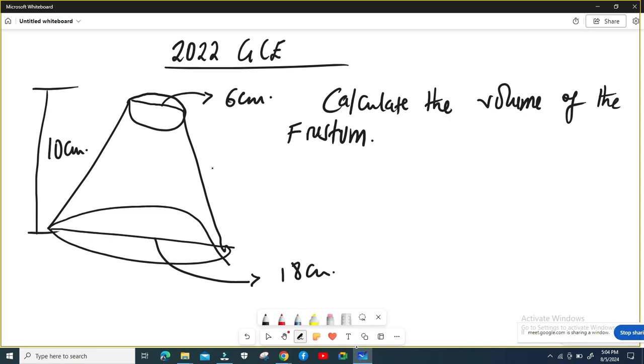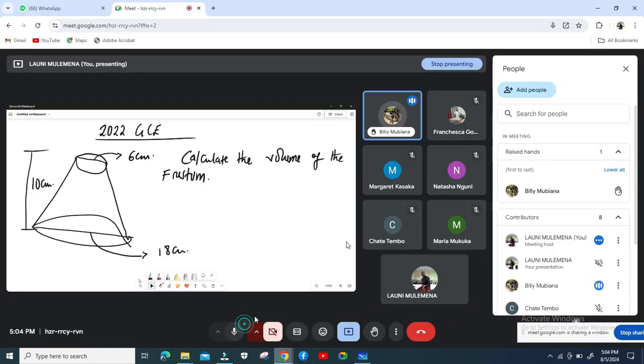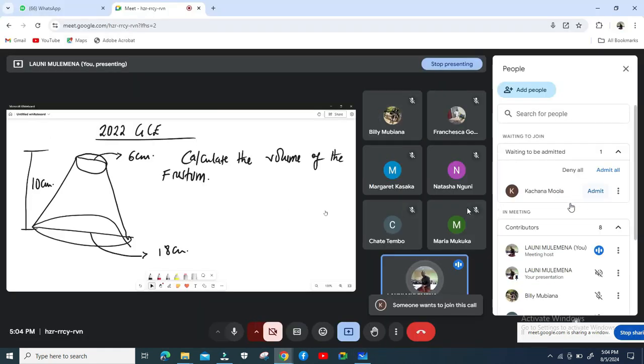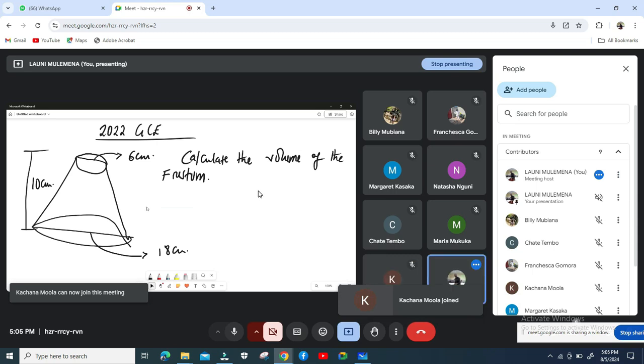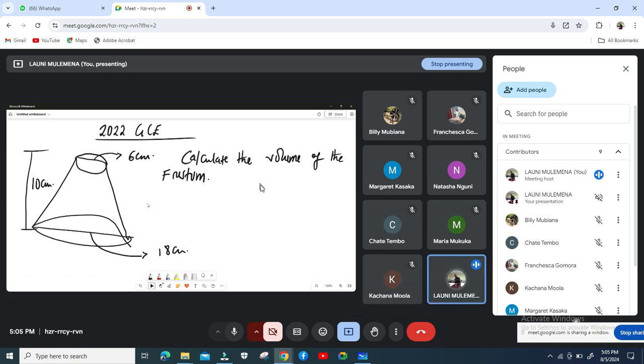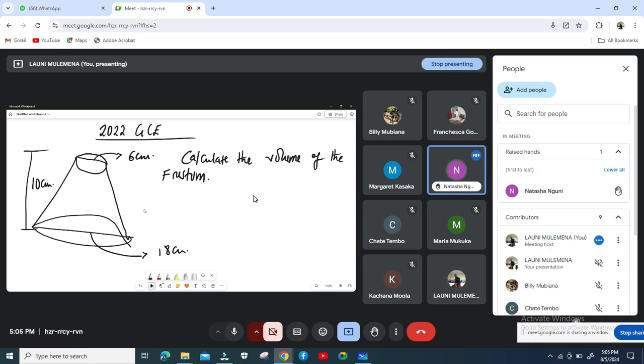Okay, thank you for that response. Very much true. It's a cone shape. This is a cone where they have just removed the upper part. Anyone else who can try? How can you know this is the Frustum of a cone, not a Frustum of a square pyramid, not a Frustum of a rectangular pyramid? Any other explanation apart from the explanation which Billy has shared with us? Yes, Madam Grace.